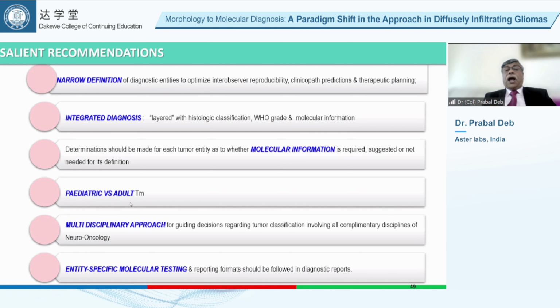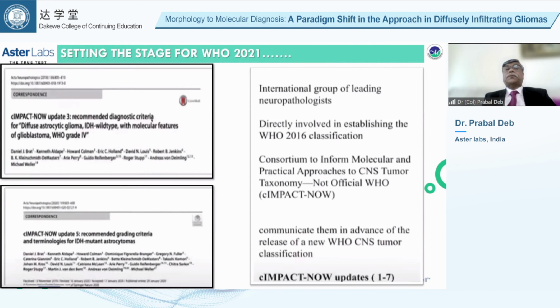Pediatric and adult tumors had to be dealt with differently, and the importance of a multidisciplinary approach, clinical, radiological, as well as doing specific testing and incorporating molecular data in the diagnosis.